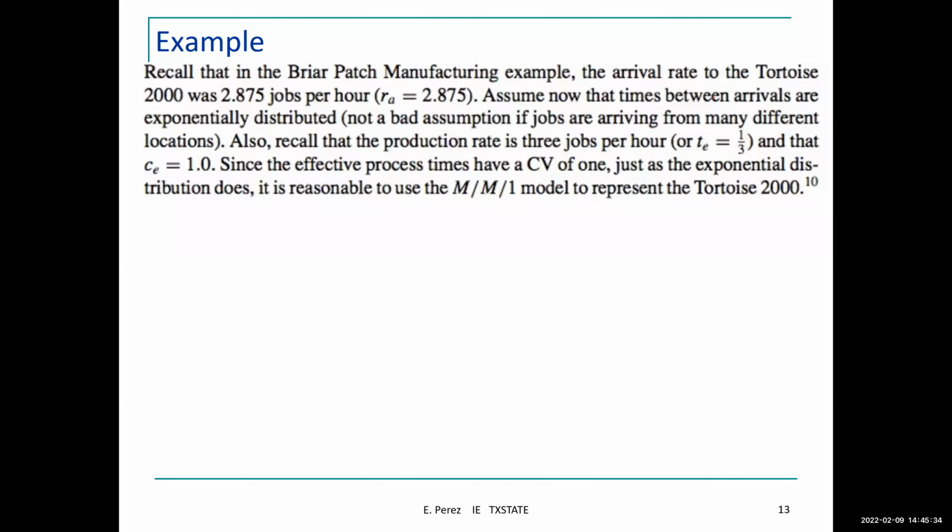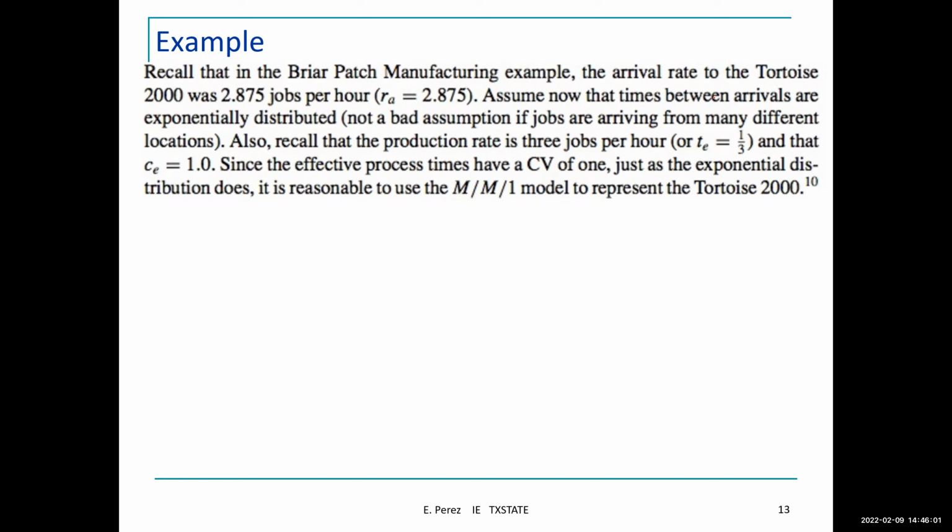So let's look at this example. Recall that in the Breyer patch manufacturing example, the arrival rate to the tortuous was 2.87 jobs per hour. So that's the arrival rate. Assume now that times between arrivals are exponentially distributed, which is not a bad assumption if jobs are arriving from many different locations.